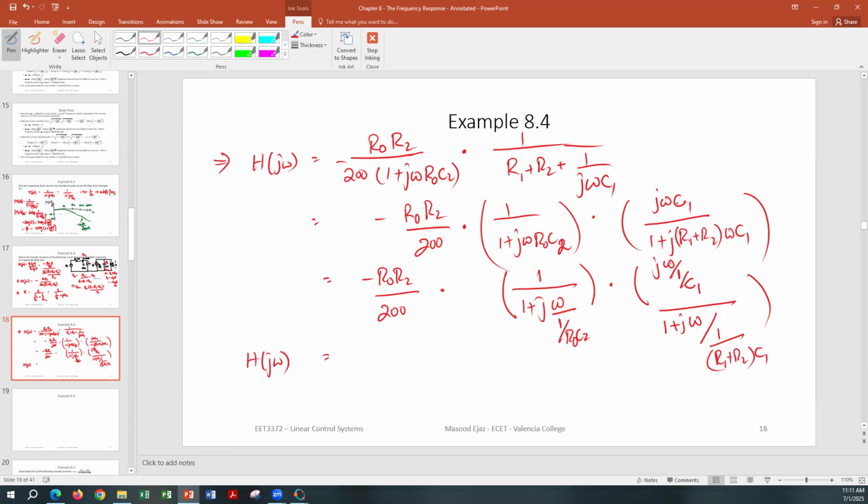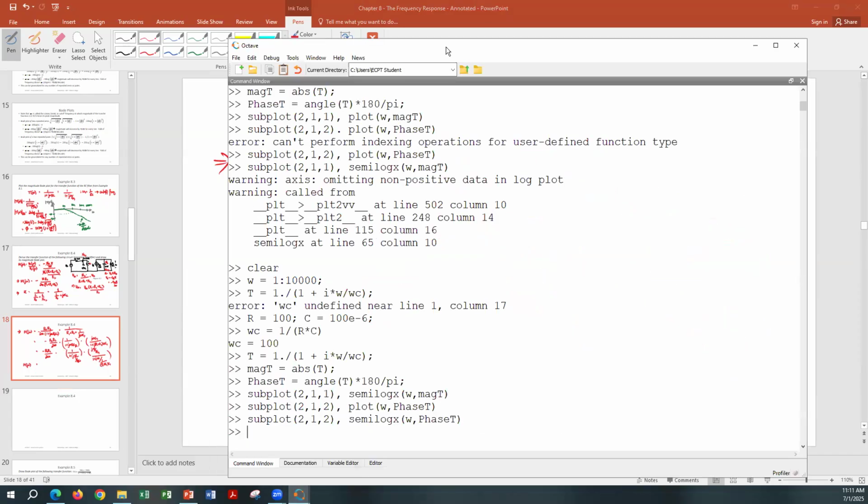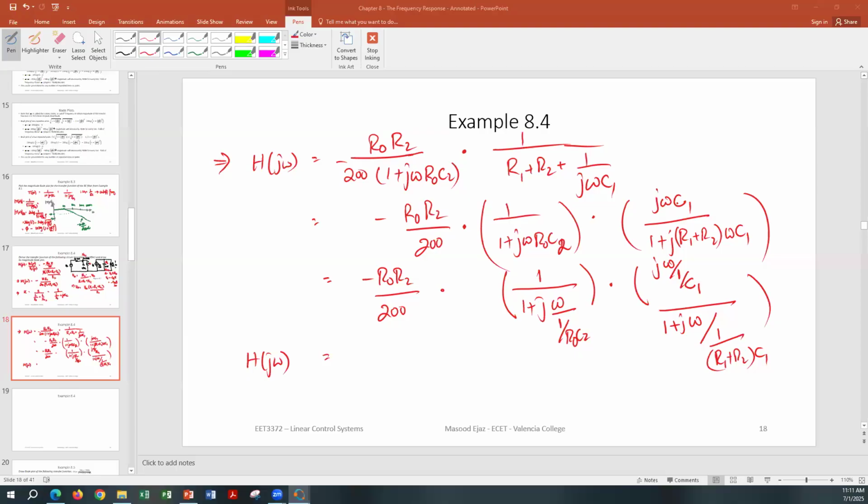Let's calculate what these values are so that we can write it down in terms of a transfer function with some values.